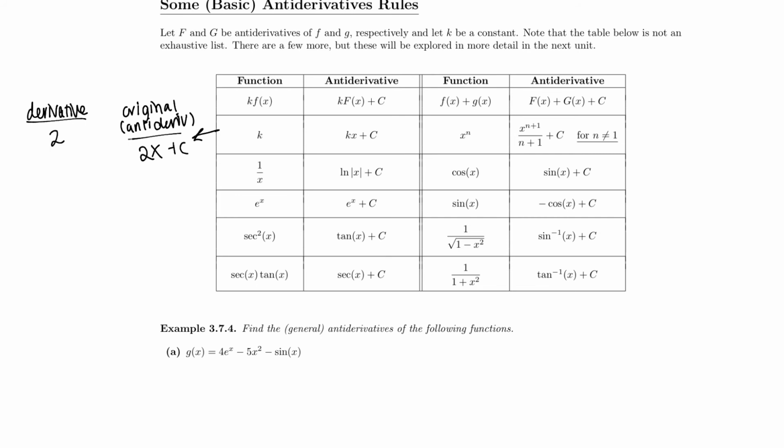So that's all this is saying, that when you take the derivative of something like 2x, 3x, 5x, negative 5x plus a constant, its derivative just becomes 2. So the antiderivative of a constant is just an x added onto it.